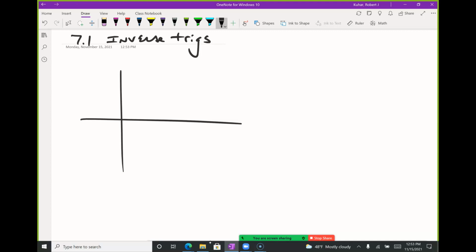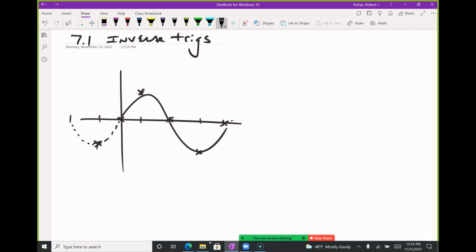And our sine function, right, we know the mother. But the issue, of course, is what? What's the problem with this function in order to get an inverse? It's not one-to-one.